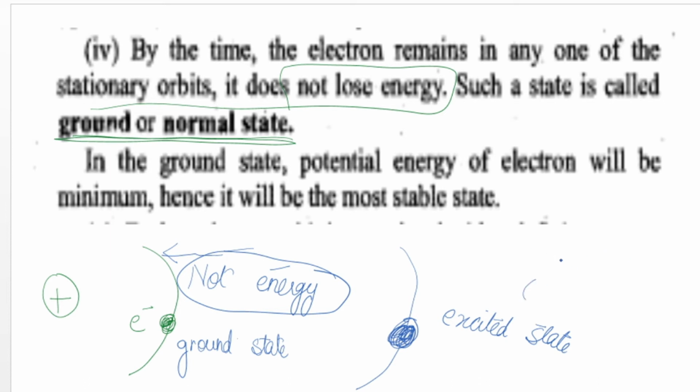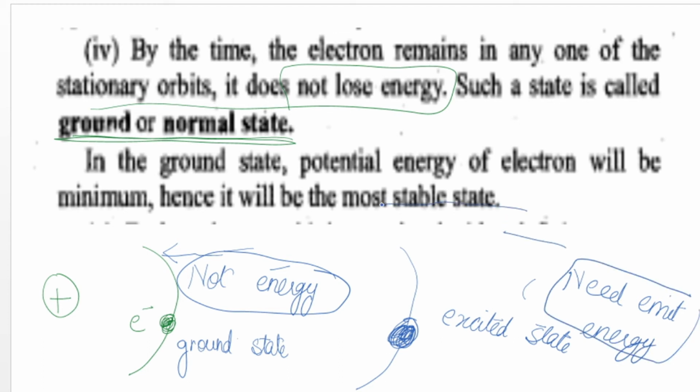So similarly, if you're in the excited state, to survive over there, you need to emit energy. Okay, so that is the difference. That's why we say that ground state is the most stable state, because to revolve in the ground state, we don't need to emit any kind of energy.